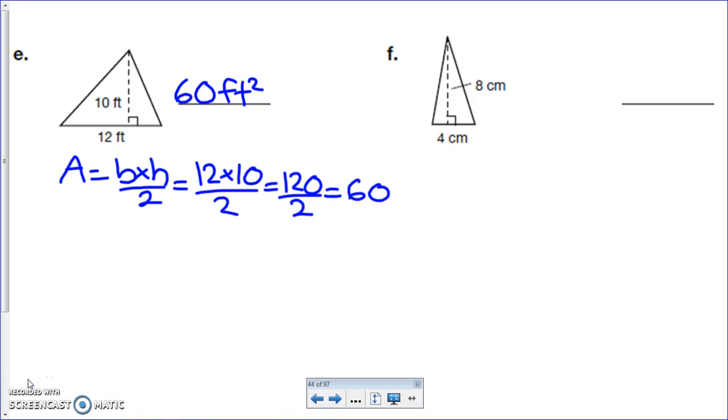For F, we've got a base of 4 and a height of 8, so the first thing we're going to do is write out our formula. Next, we're going to plug in what we know, and we know the base is 4 and the height is 8.